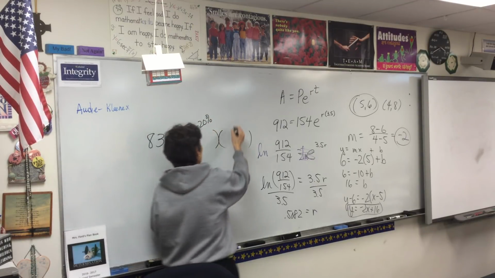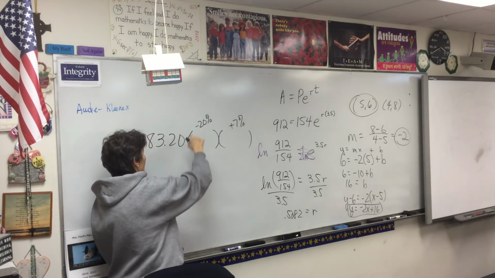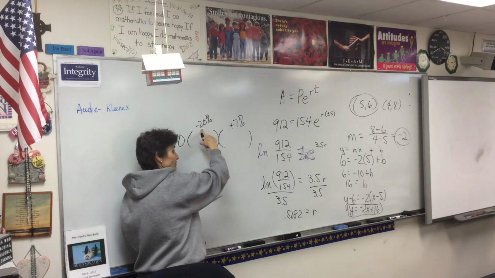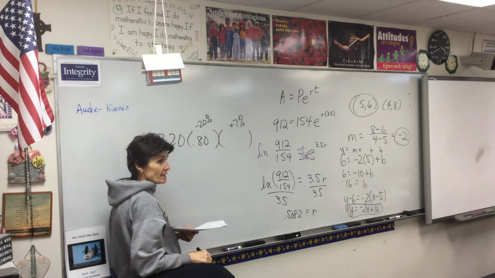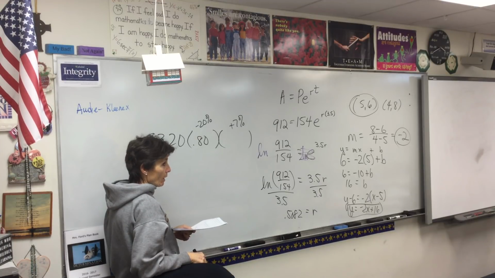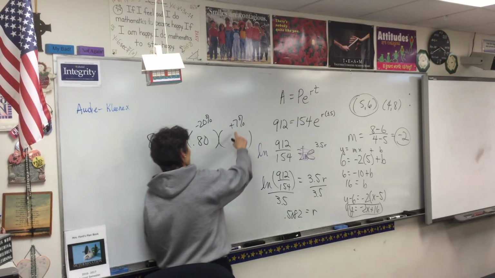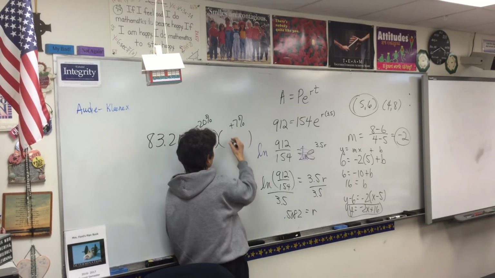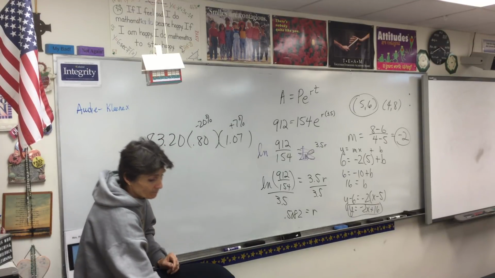And then I'm gonna add a 7% tax. Now, if I am taking off 20, then I am gonna multiply by 0.80, 100 minus 20. And then if I'm adding on 7, I'm gonna multiply by 1.07.